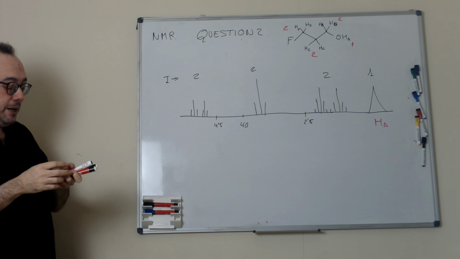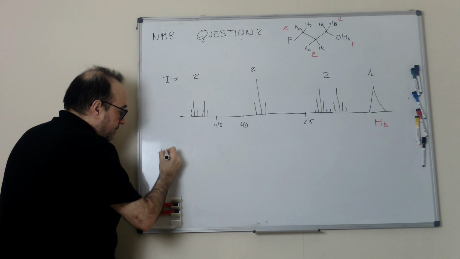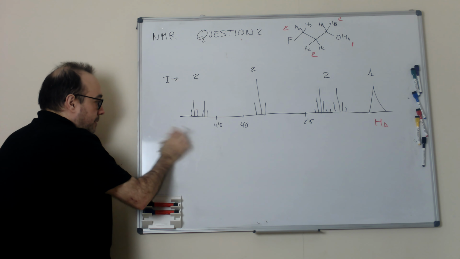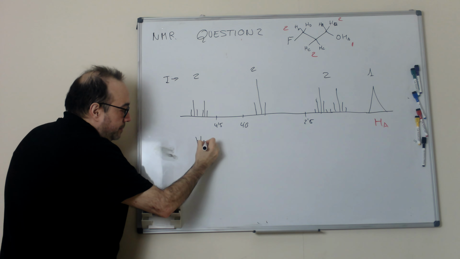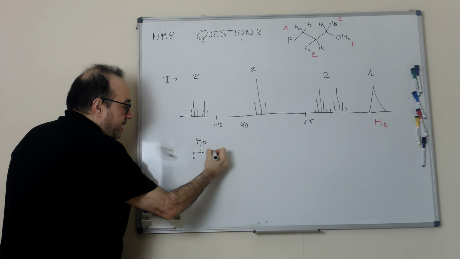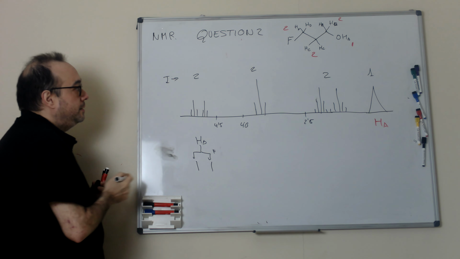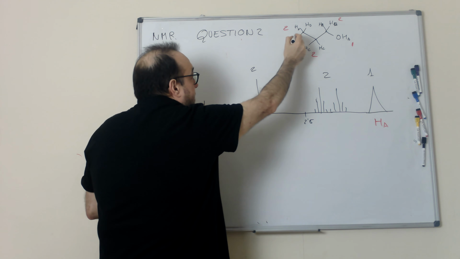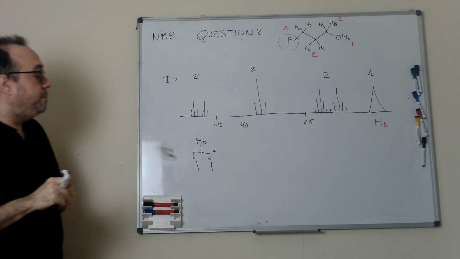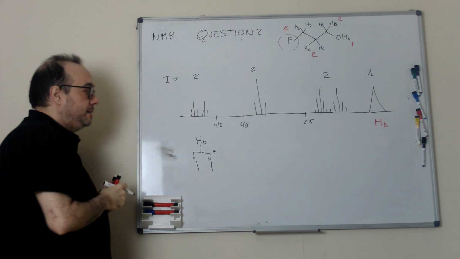We can analyze the coupling constant of each one. For example, Hd will couple first with the fluorine, and we will get a doublet, because fluorine has spin 1/2, so the hydrogen couples with 1 fluorine and we get a doublet.